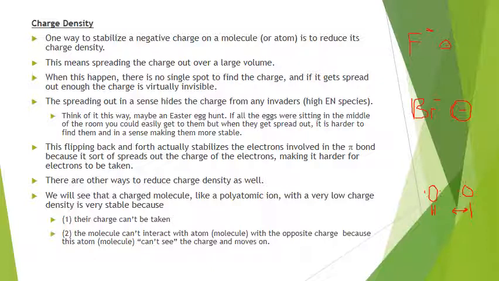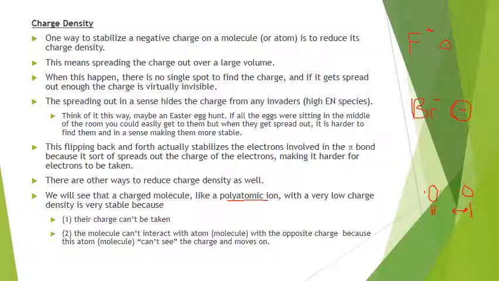What happens is the charge density essentially becomes reduced, because they're flipping back and forth, and it's harder to find the electrons. So molecules will often find ways to reduce their charge density so that they can become more stable.